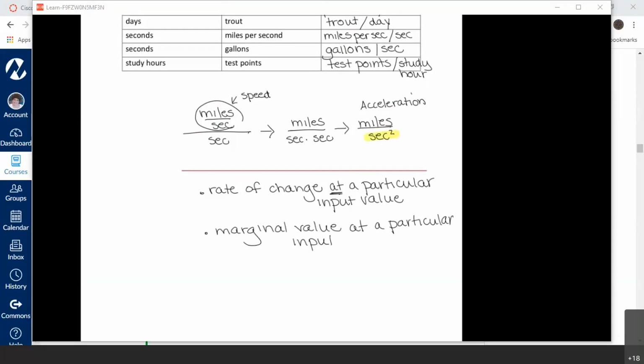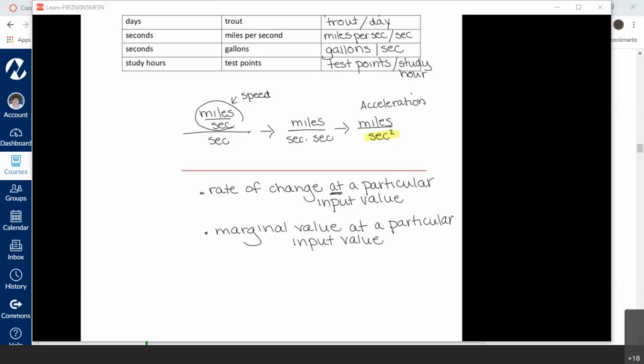Okay, because again, marginals, my accounting majors probably have a better definition than I do, but the way I think of marginals, for example, if I'm talking about marginal cost to manufacture a product, I want to know at this particular manufacturing level, say I'm making 2,000 of these, how much will my cost change if I make one more?